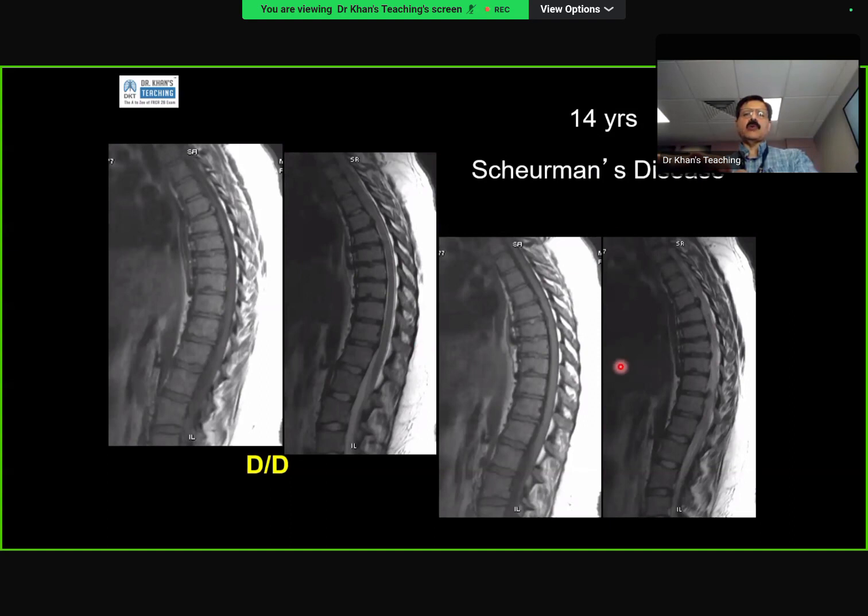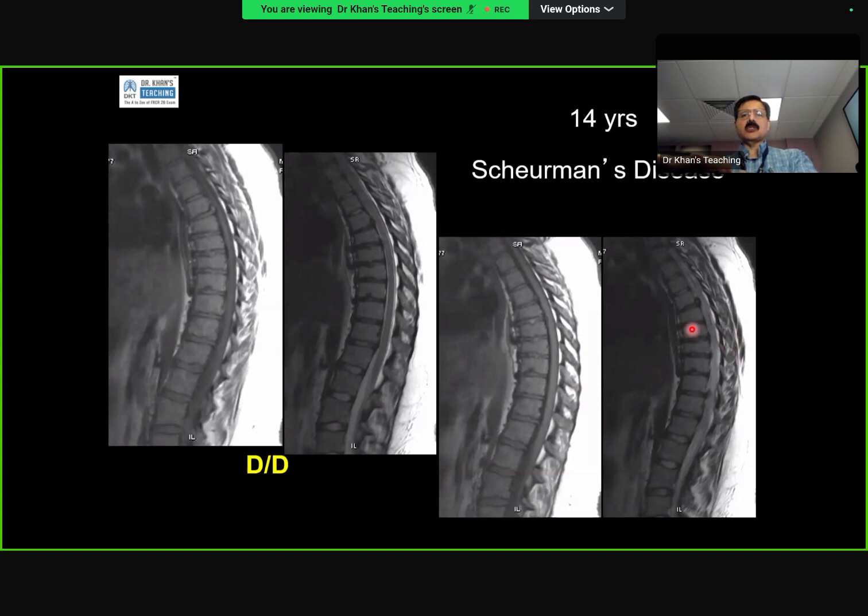This is a 14-year-old with Scheuermann's disease, and you can see the same finding on this MR. So MR is also an exam case, remember. Look at the end plates and these intravertebral disc herniations, and look at the anterior portion: the height is reduced as if there is a compression factor.